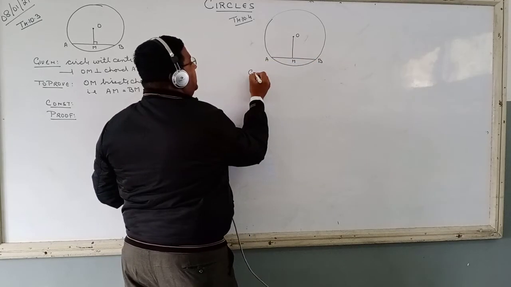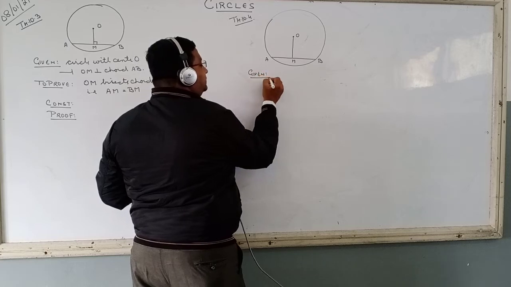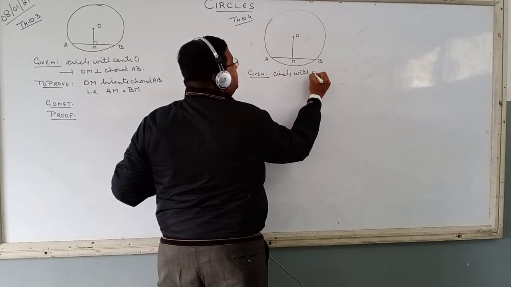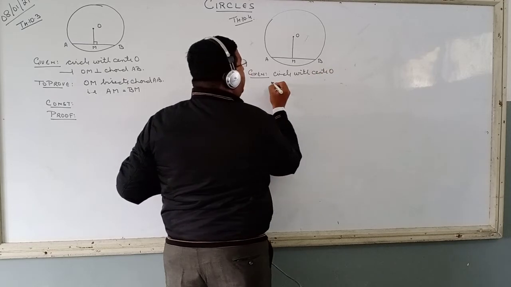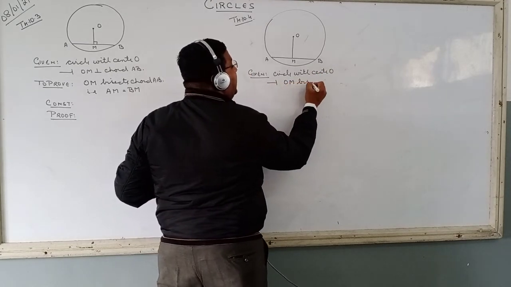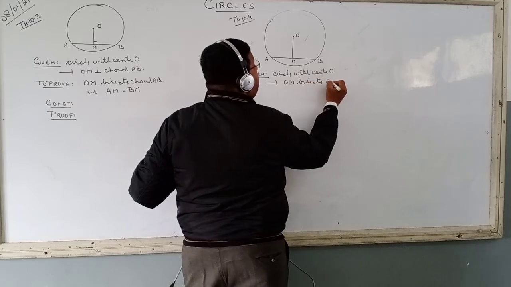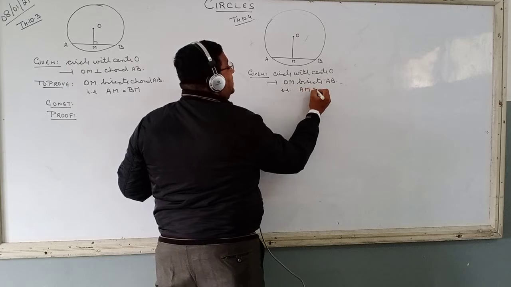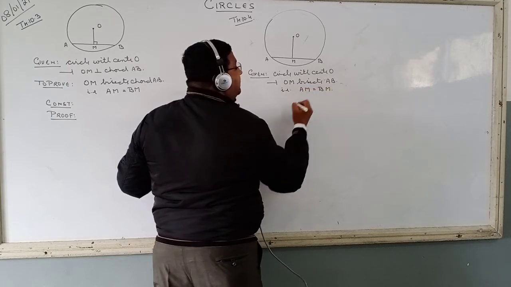What is given here? We are given a circle with center O, and OM bisects AB, that is AM is equal to BM. This is given to us.